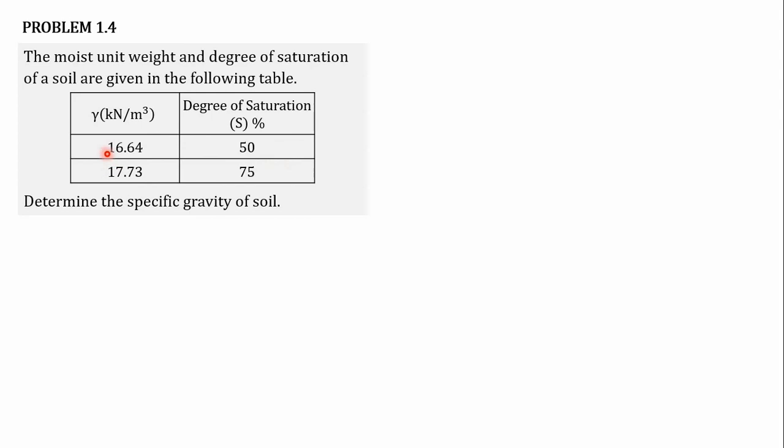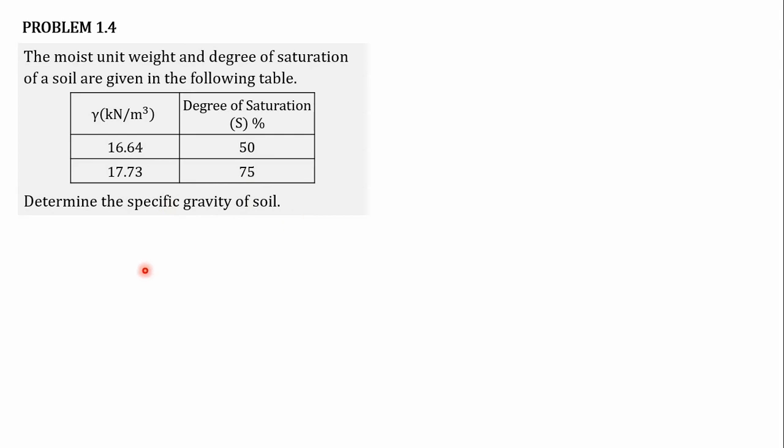Unit weight is 16.64 kilonewton per cubic meter, with degree of saturation of 50%. And unit weight 17.73 kilonewton per cubic meter, with degree of saturation of 75%. The question is to determine the specific gravity of soil.